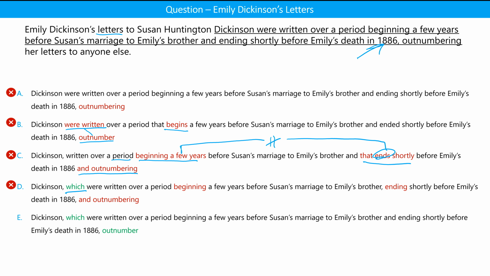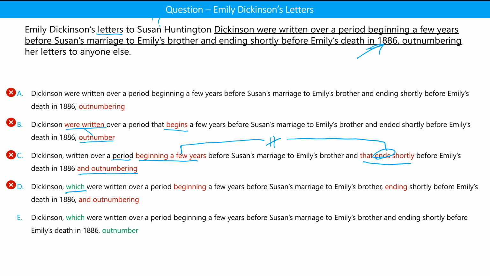And I know some of you are probably wondering, well, hold on, can which jump over that prepositional phrase that's sitting in its way? But indeed it can, because that prepositional phrase is also modifying the letters, and it is okay for a slightly far away noun modifier to hop over another modifier that's modifying the same noun entity.